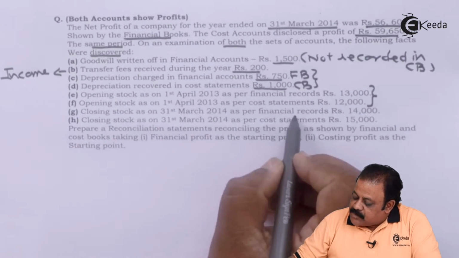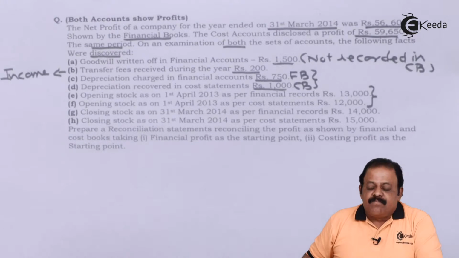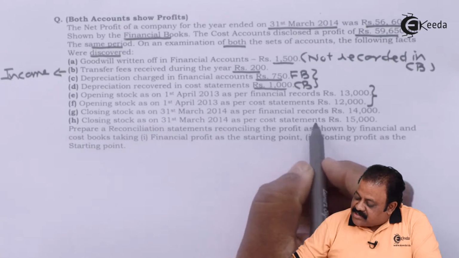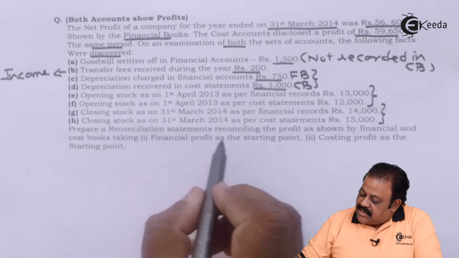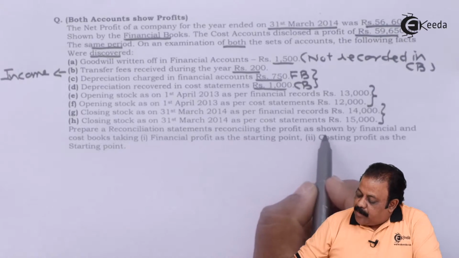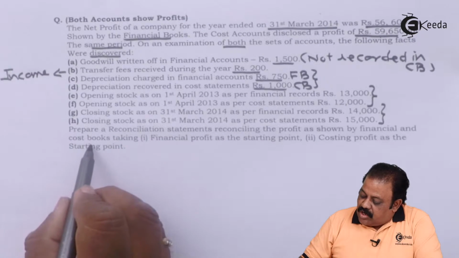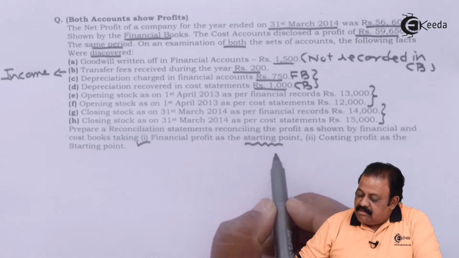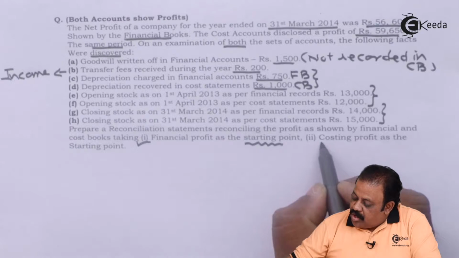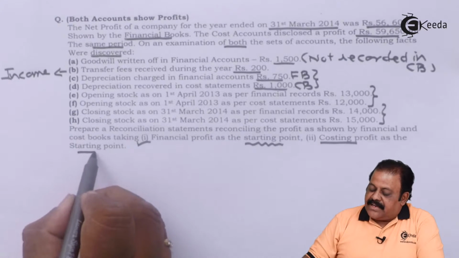Closing stock as per financial record 14,000. Closing stock as per cost statement 15,000. Prepare reconciliation statement reconciling the profit as shown by financial and cost book, taking financial profit as starting point, and secondly costing profit as starting point.